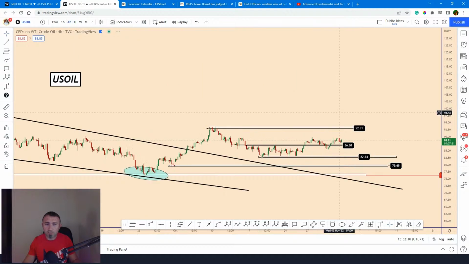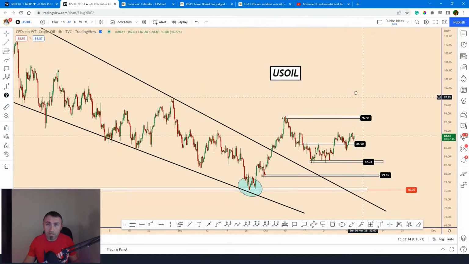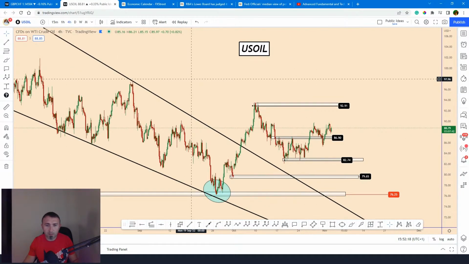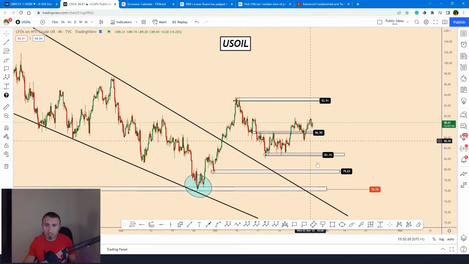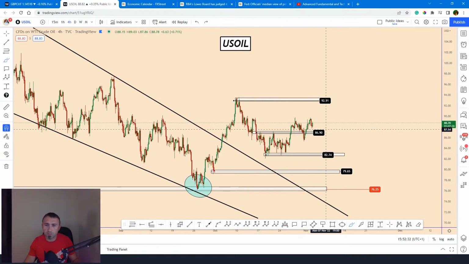So let's look at what is happening on the 4-hour time frame. Price is actually breaking out from the daily wedge pattern, and here is our point. We have the first wave, second wave, and price came deeper than expected because this support area was very crucial for this trade.